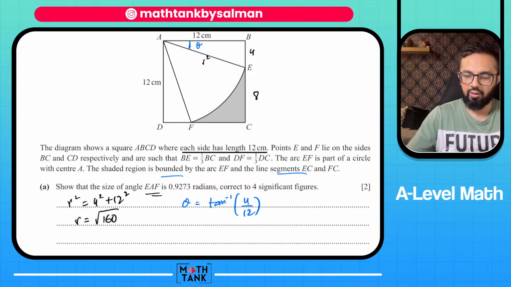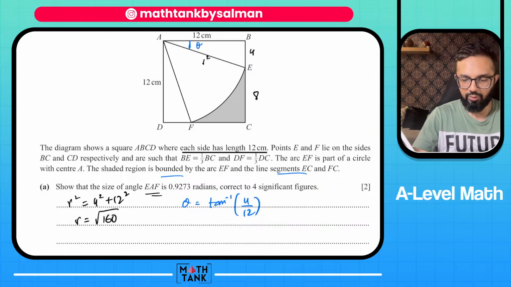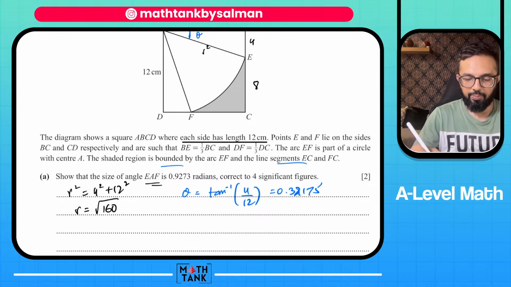So theta comes out as tan inverse of 4 divided by 12, which is 0.32175. So EAF is then pi over 2 minus 0.32175 times 2.